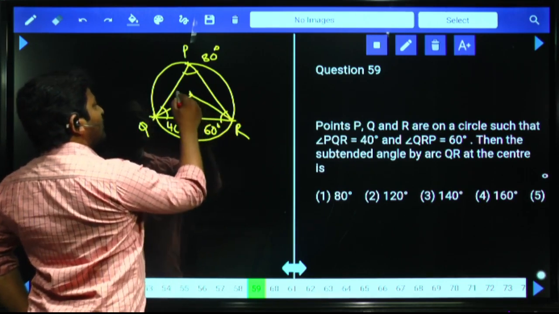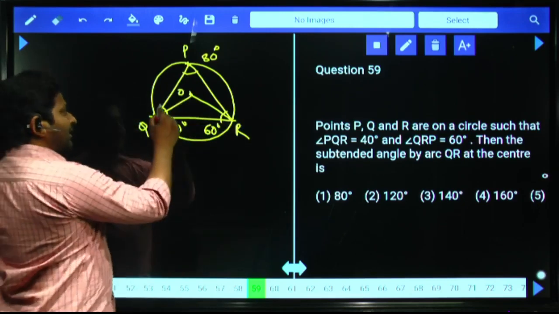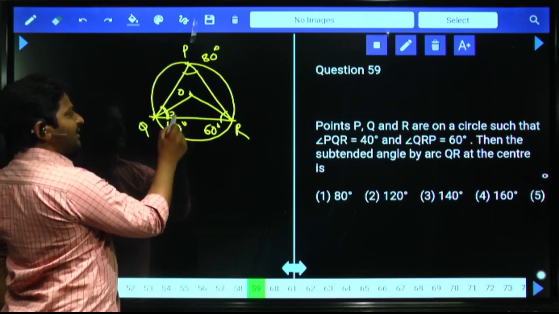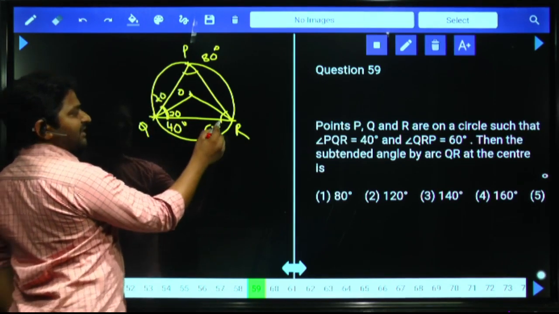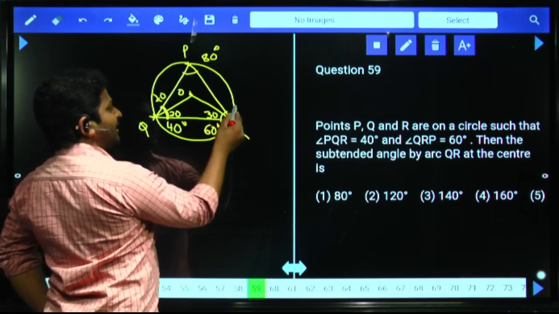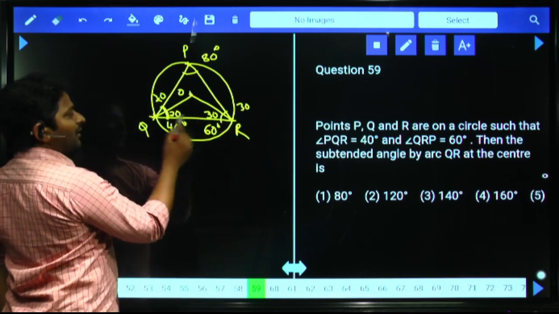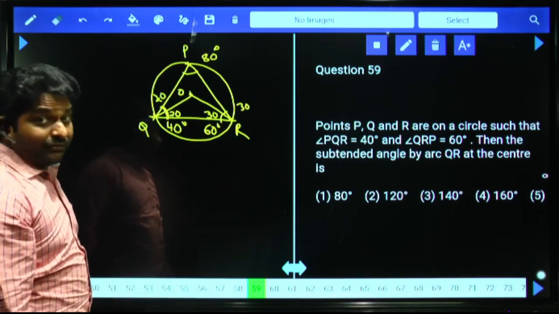If this is center O. Now, here, if the angle is 40 degrees, this is 20 and the other angle is also 20 on the other side. Here 60, this is 30 and the other is also 30. Now for triangle OQR, we already have 20 and 30, that is equal to 50 degrees.